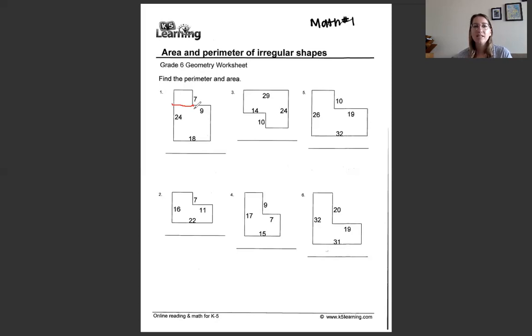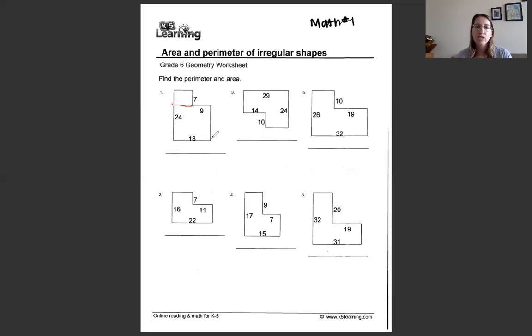And because this whole side is directly across from that, that's also a total of 18. So when you're looking at this rectangle here, you're going to get 18 on either side, okay? So you're going to leave that, right?